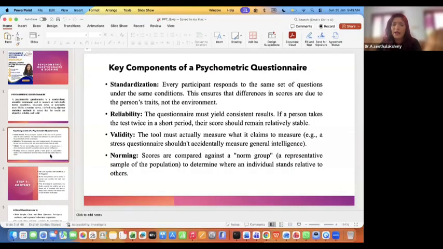Or maybe the Big 5 personality test, which we generally use to get an idea of their personality. But the one key and most important thing to look into is whether that questionnaire is standardized, whether there is a reliability value. Reliability value has to be there.